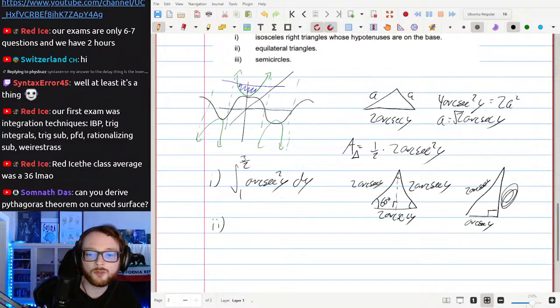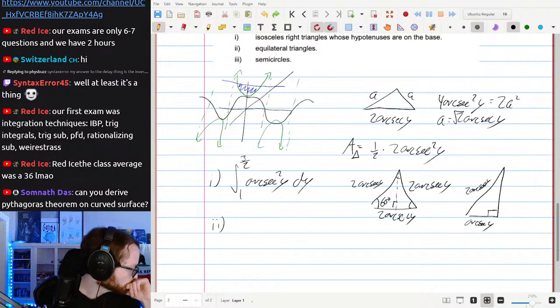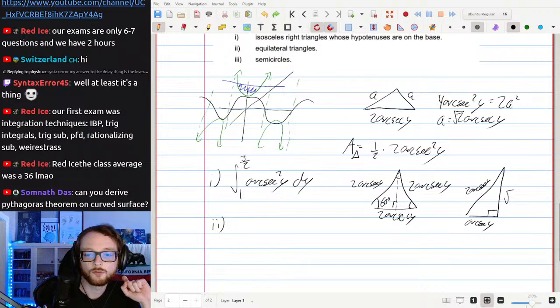This remaining side by Pythagorean theorem should be root 3. Yeah, it is. Okay, so then the area of the original triangle is 2 times the area of that triangle.